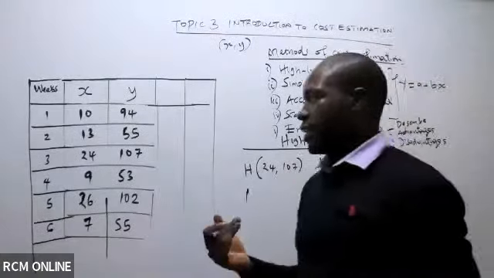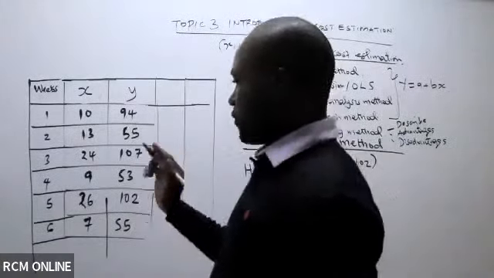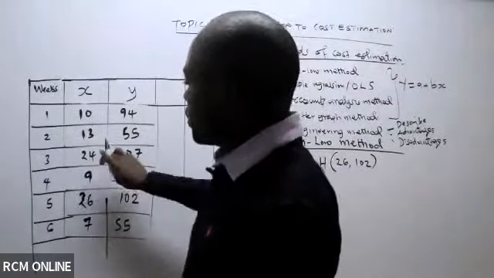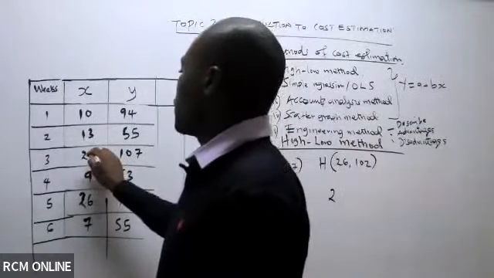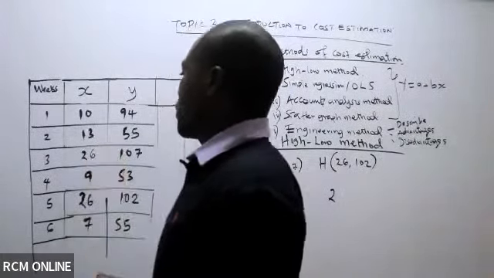Good. Now, don't change anything from your side. I just want to bring a scenario. What if this one here was also 26? What will we do if this one was also 26?